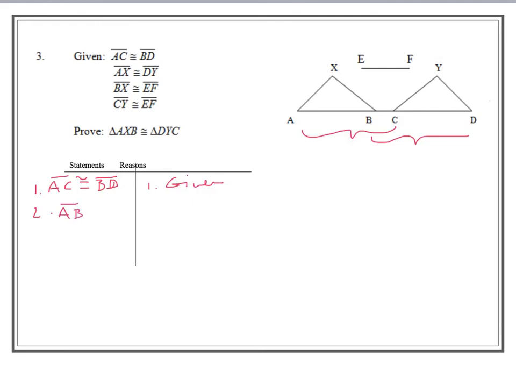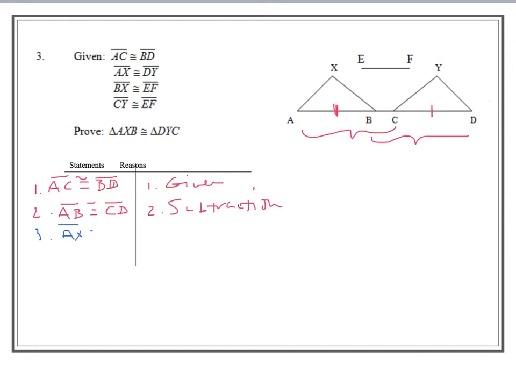Line segment AB is congruent to line segment CD based on subtraction. So now we have the bottom of each triangle, AXB and DYC, congruent to one another. It's a good start.